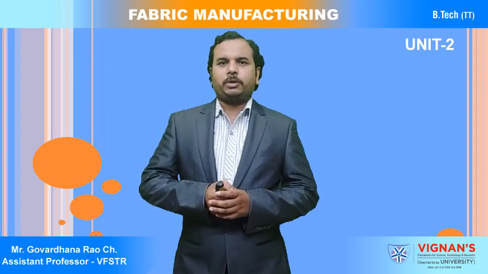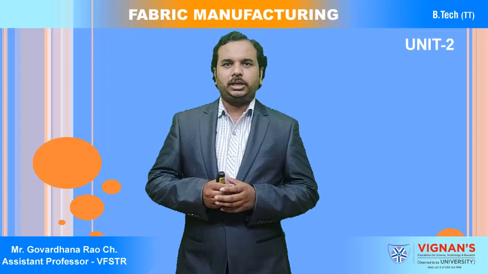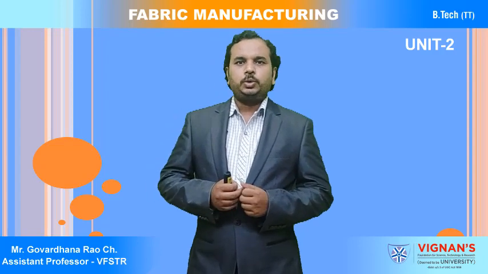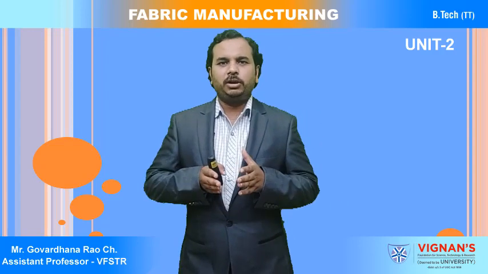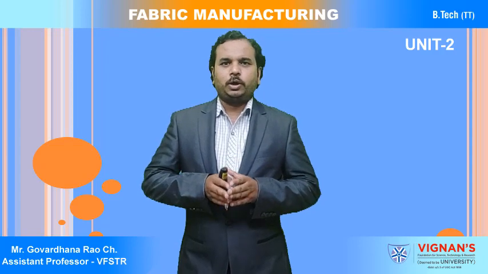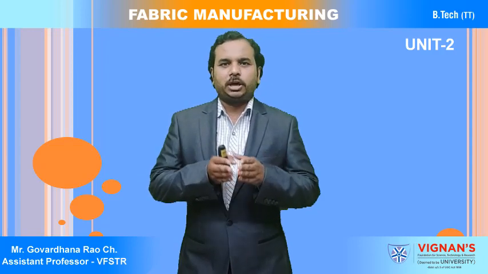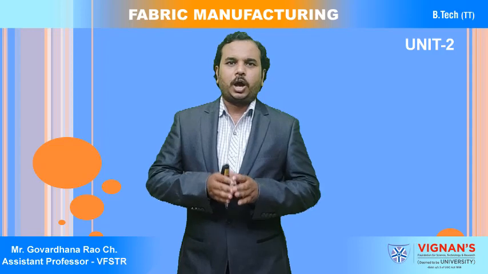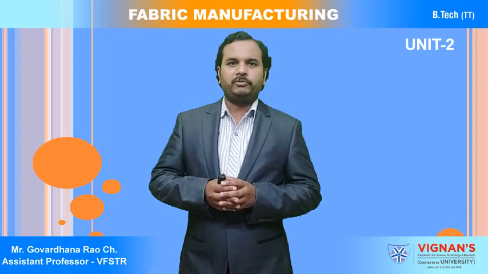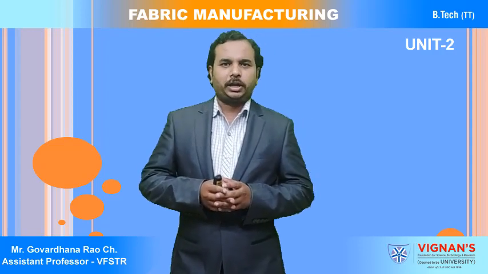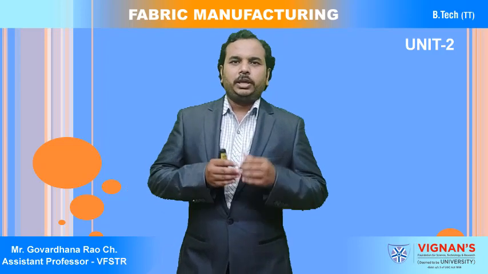The second main objective of the winding machine is to remove objectionable faults. As we have discussed, what the objectionable faults are and how we remove them in winding technology.